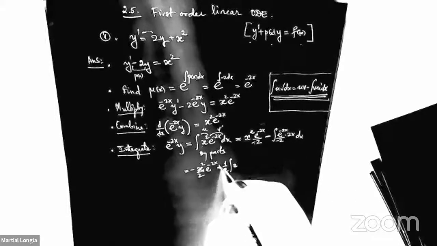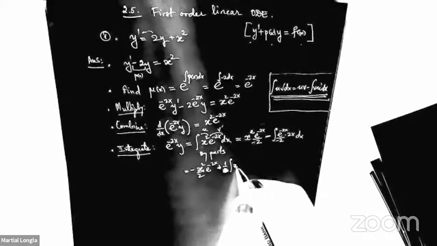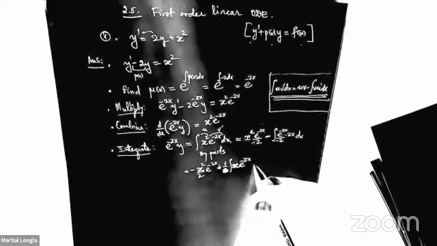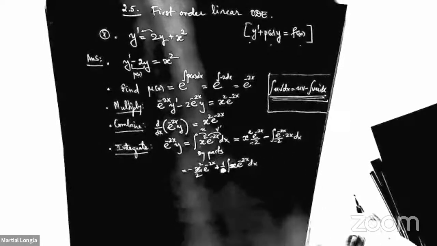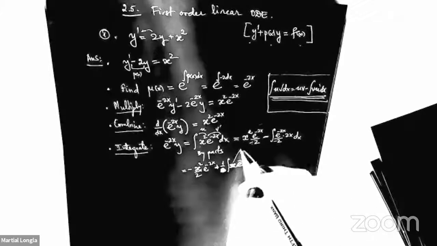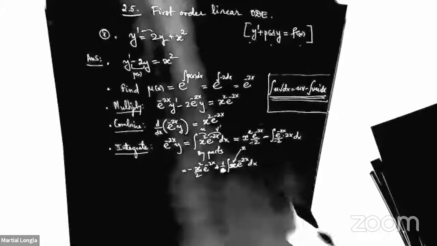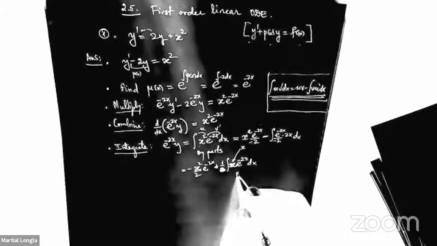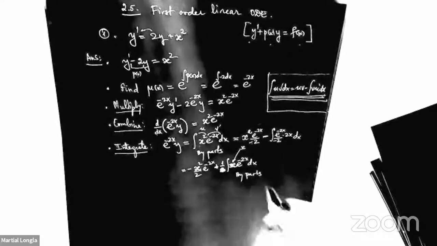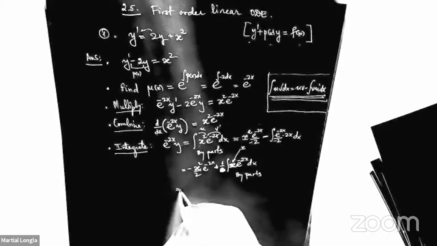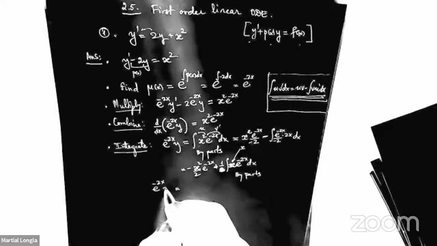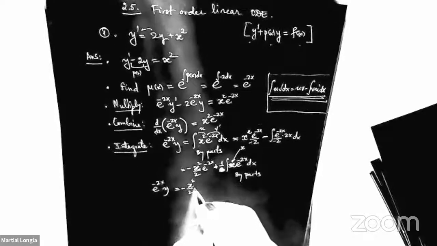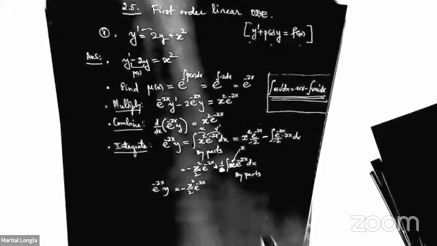The 1/2 and 2 cancel, so that's just plus the integral of x e to the minus 2x dx. And now you do this again by parts. So e to the minus 2x y equals minus x squared over 2 e to the minus 2x.